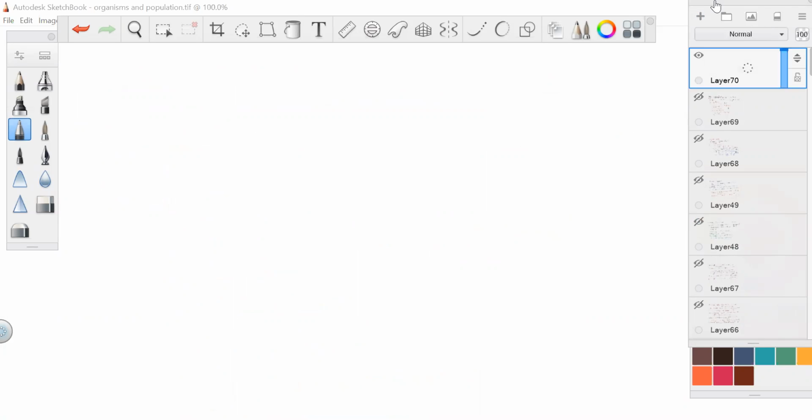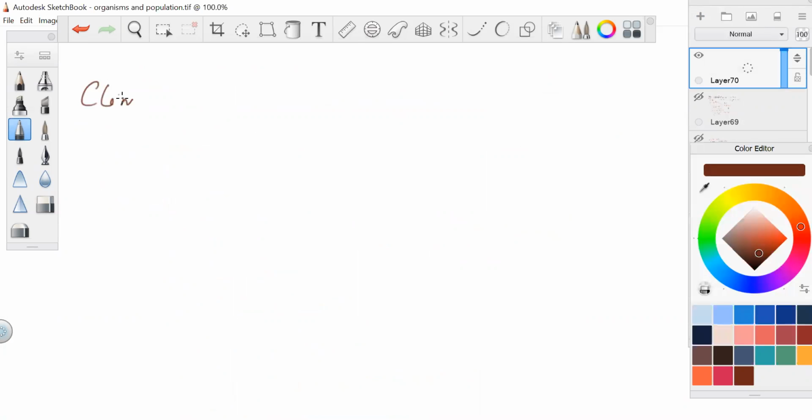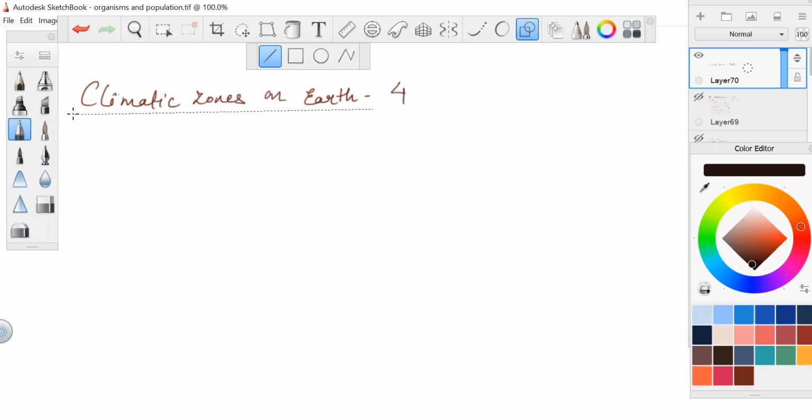So we will see first the climatic zones on Earth. There are 4. We'll make a table here.